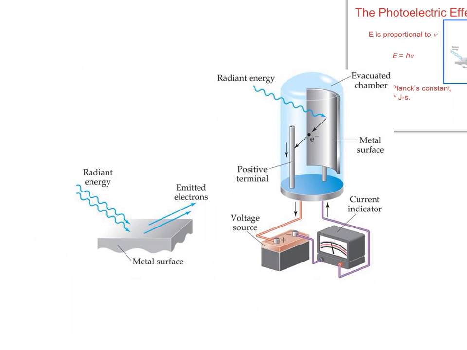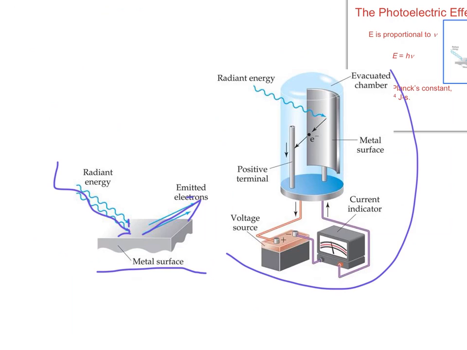What happens if I take a piece of metal, let's say any kind of metal, and I have its surface exposed, and I apply radiation to it, that light gets emitted. And I can devise a device that is able to read the current at which these electrons come off.